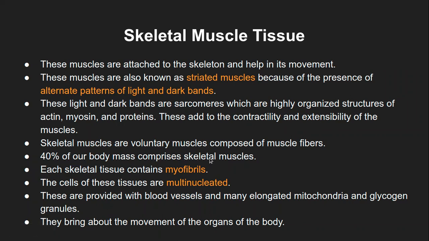40% of the body mass comprises skeletal muscle, because you can imagine your quadriceps, biceps, and the back muscles, they are all voluntary muscles. They make up a lot of the mass of your body.